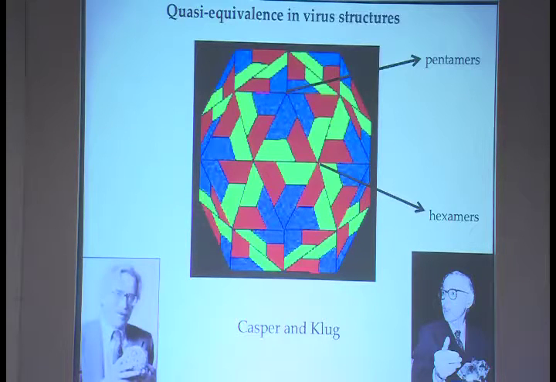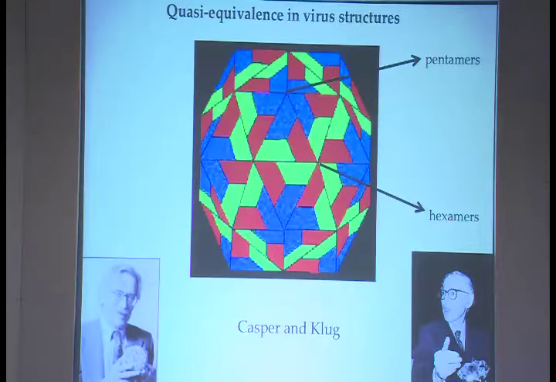So if you have, let's say, a T equals 3 particle, let us just take an example. Each triangle here has 3 subunits, and if you had only one protein, just a very simple test case, a T equals 3 virus but only one protein, then how are you arranging it in terms of this icosahedron?